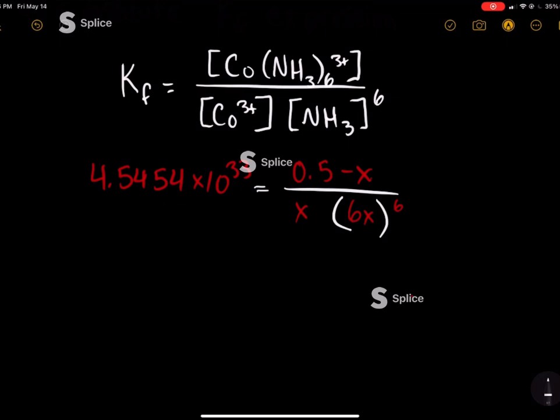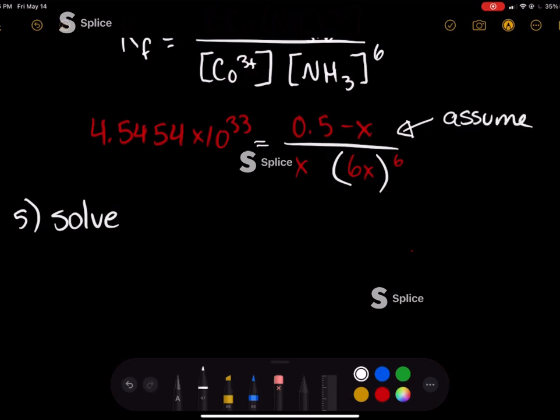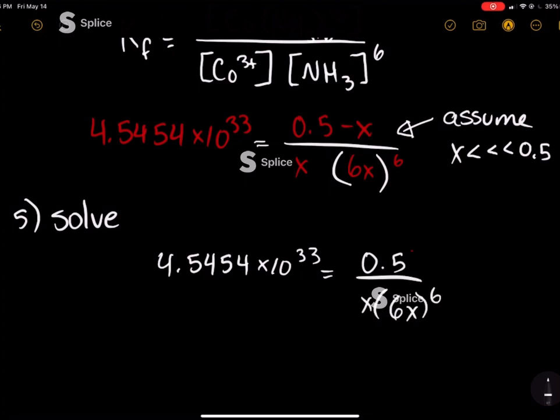So our 5th step, solve. What we have to do is take this and assume that x is much less than 0.5 molar. So that shortens our equation into something that we can solve: 4.5454 times 10 to the 33rd equals 0.5 over x times (6x) to the 6th.